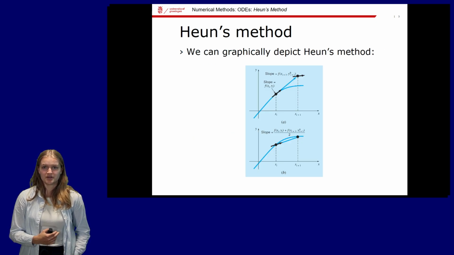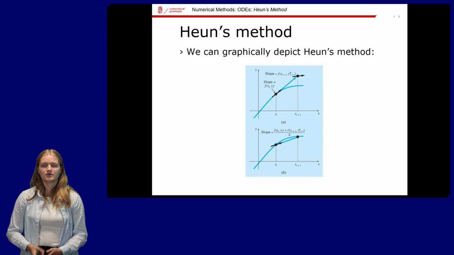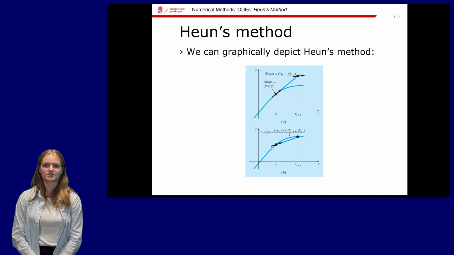The idea behind Heun's method is presented in these figures. You have the interval that ranges from x_i to x_{i+1}, and we have a known value of y_i at x_i.